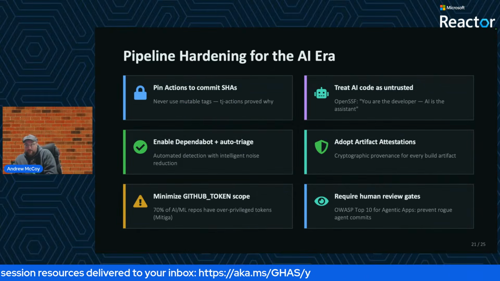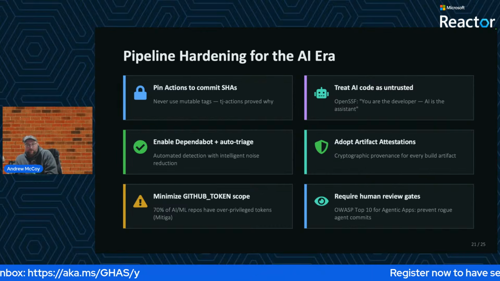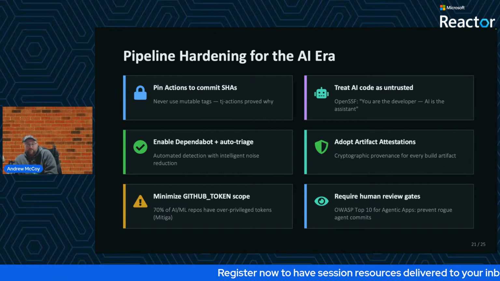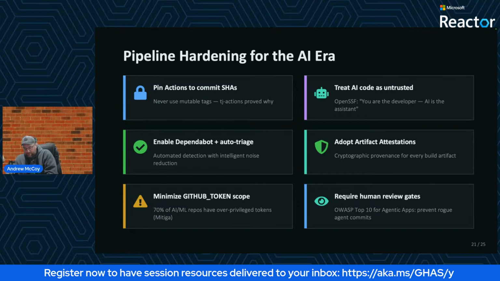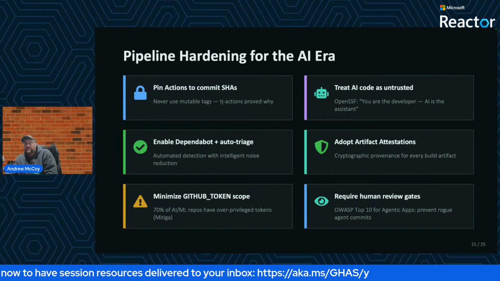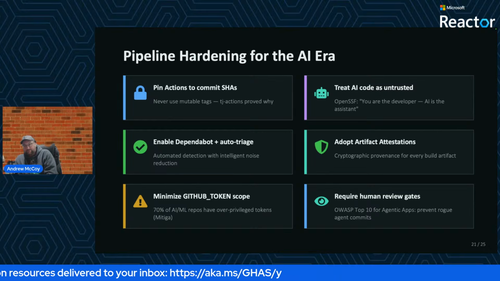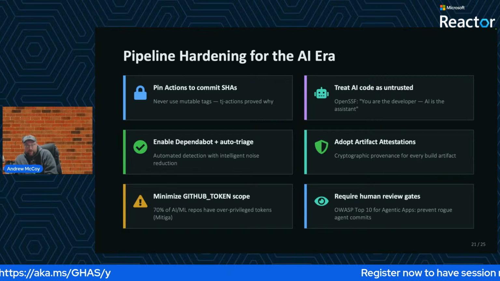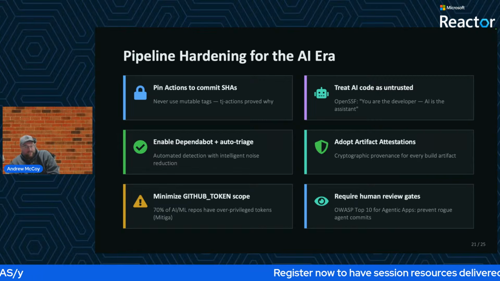And then thinking about best practices that make you a lot more resilient moving forward: make sure you're not using mutable tags in your actions, so those are pinned to releases or commit SHAs, and treat your AI code as untrusted. The OpenSSF group says you are the developer, AI is your assistant.